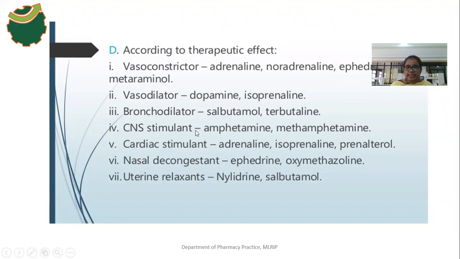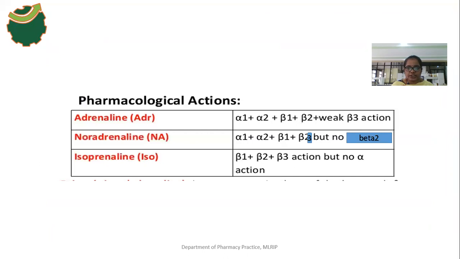CNS stimulants are amphetamine and methamphetamine. Cardiac stimulants are adrenaline, isoprenaline, and prenalterol. Nasal decongestants are ephedrine and oxymetazoline. Uterine relaxants are isoxsuprine and salbutamol. So these are the classification of adrenergic drugs.